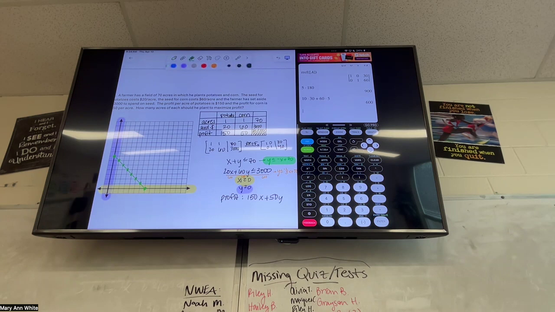Limit is less than, so we're going underneath that line.